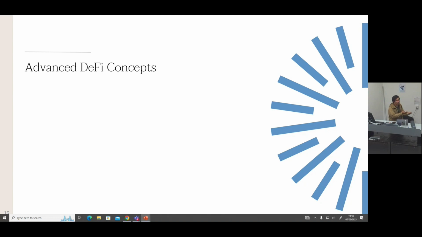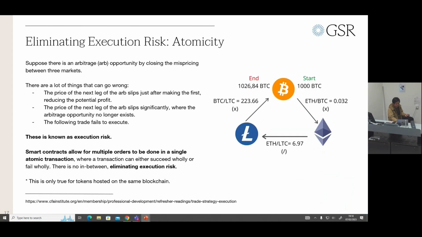Or, let's say, lever up a certain position when it comes to a money market. I'll be speaking more on these pretty cool techniques that are a bit more relevant to coding on the blockchain.